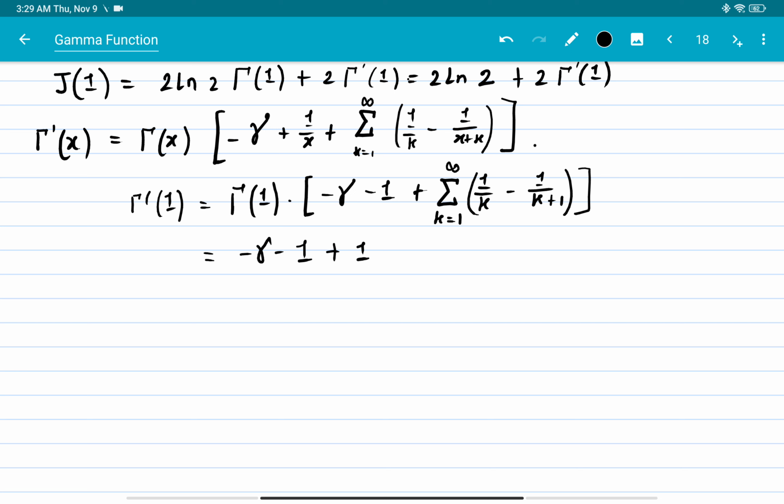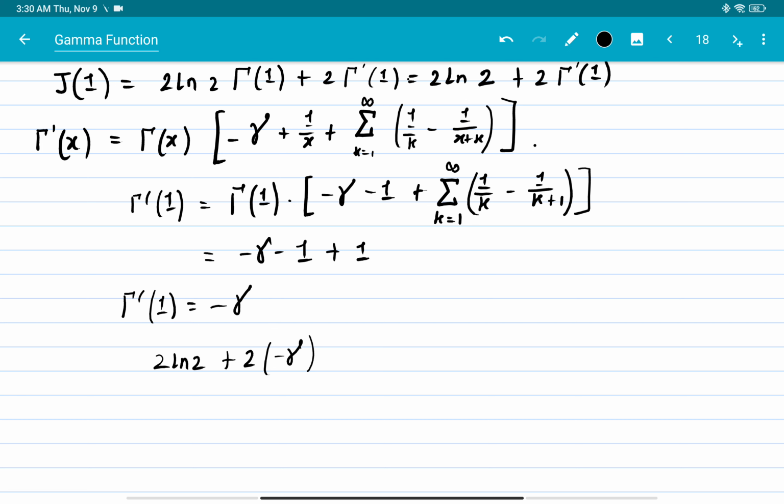With this telescoping, all of the terms will cancel out, and we'll be left with gamma dash 1 with minus small gamma. So 2 ln 2 plus 2 minus gamma. So that will be 2 times minus gamma, I mean.